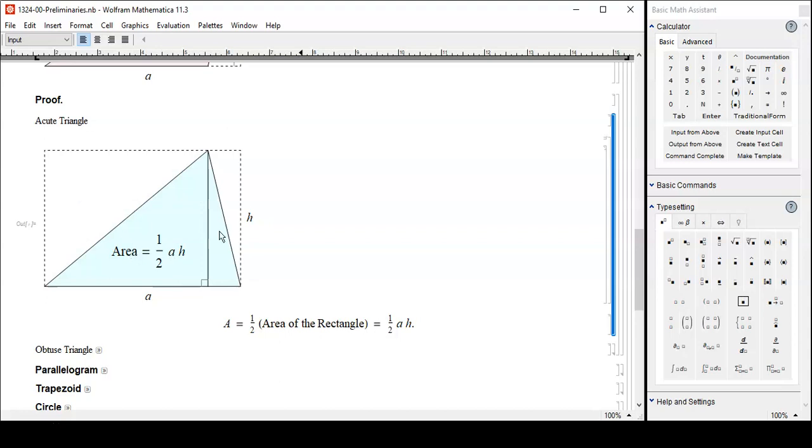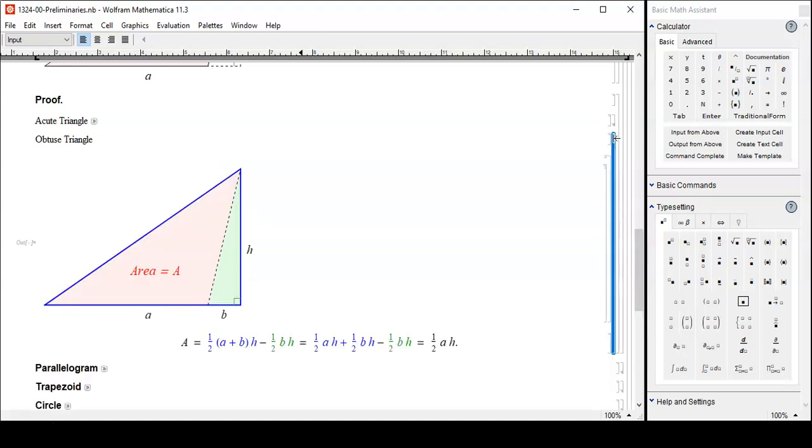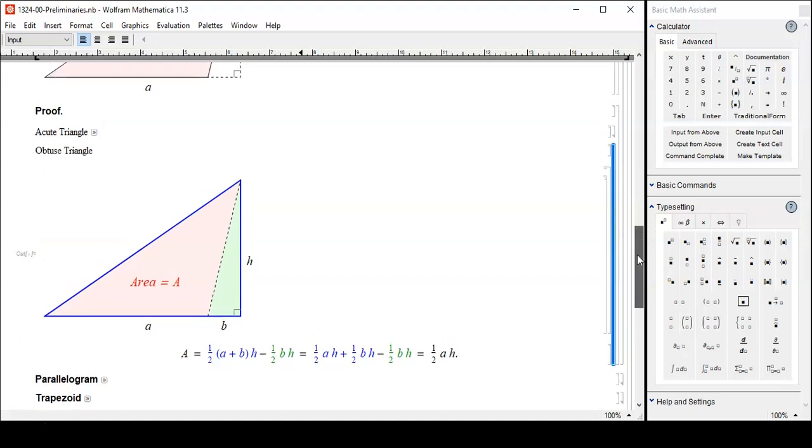This part, that part the same, this part, that part the same. Similar case for an obtuse triangle. You can get a right triangle here and subtract away an acute triangle. And then you're going to get 1/2 ah.